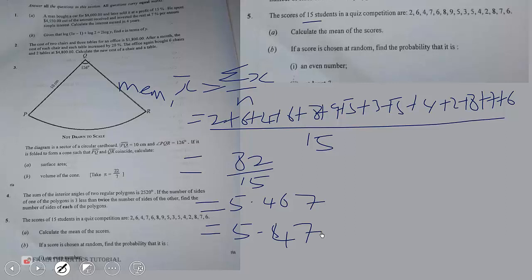Now, the B part, so this is the A part of the question. The B part says that if a score is chosen at random, find the probability that it is even.